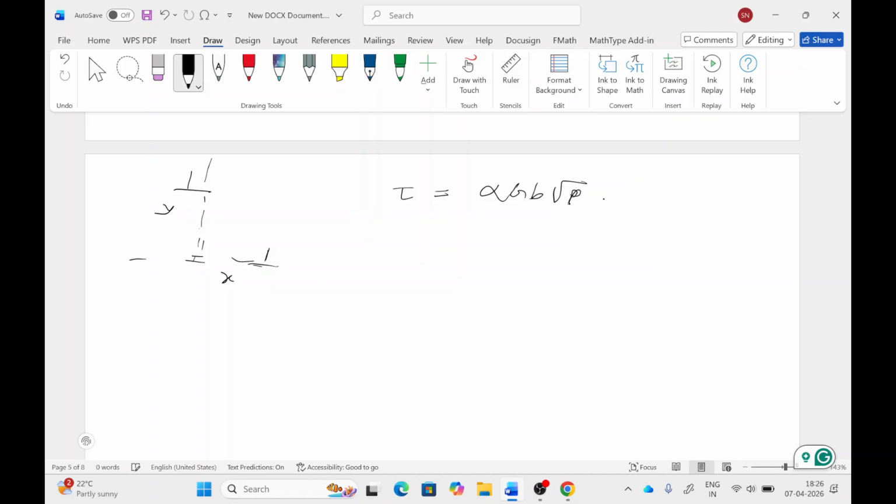Rho here is the dislocation density. So as dislocation density increases, the shear stress of the material increases, and that results in an increase in the strength of the material.